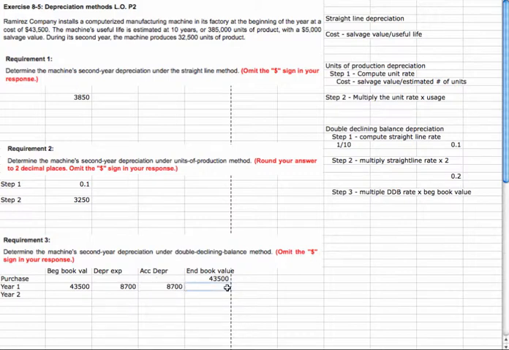So if I've got depreciation, that's going to reduce my book value. So my ending book value is going to be the $43,500 minus this year's depreciation, so my ending book value is going to be $34,800. Now the $34,800 of my ending book value is going to become the beginning book value in the next year.